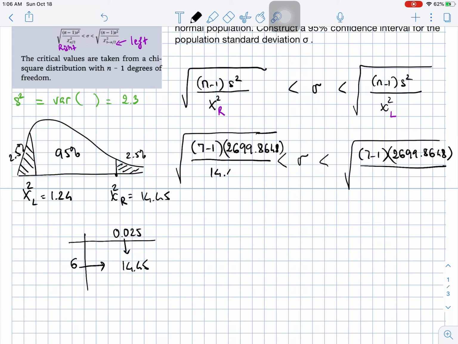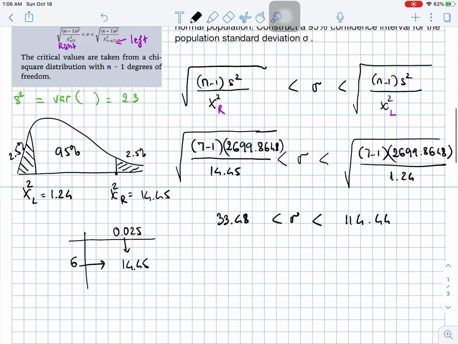The number that we got is 1.24. When you plug into the formula, on the left side you will input the right chi-square, 14.45, and then 1.24. The chi-square value is already squared for you, so once again, don't square the number.